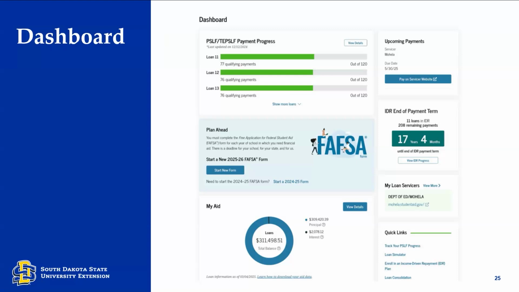Your loan servicer and studentaid.gov are going to have collaborative information, so you're going to know the information at both of those locations. It's encouraged for borrowers to take a screenshot of this dashboard so that they know what their financial situation is and can keep track of that information.